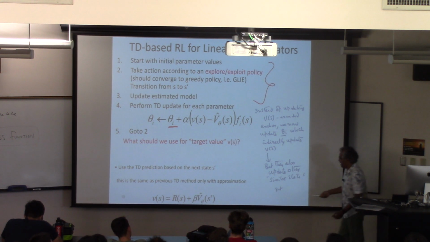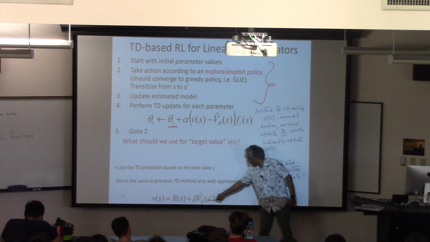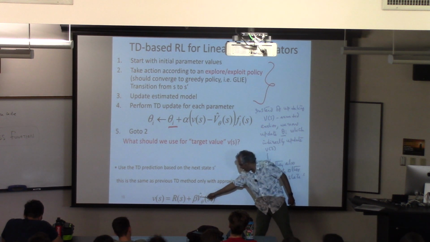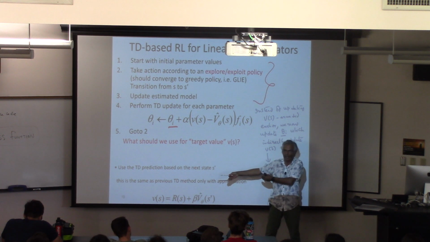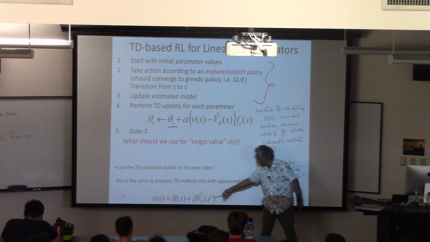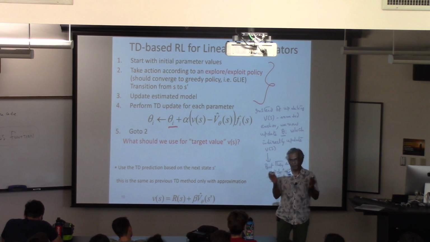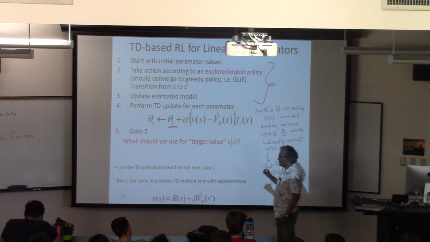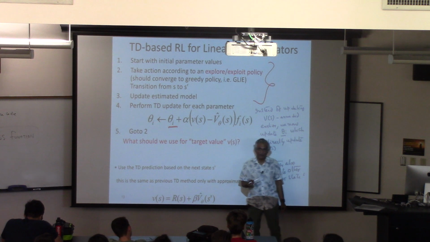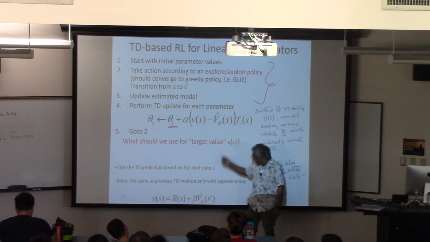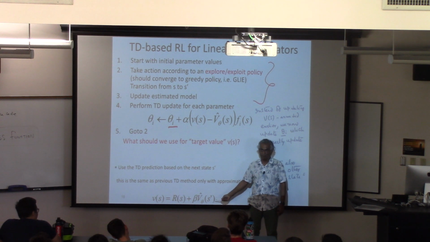Okay, so that is Vs is R of S plus beta times V theta of S dash. Beta times value of the neighbor you found, S dash. Now it turns out that the value of your neighbor is also in terms of this formula. So one somewhat deep technical point that I won't go into is actually you are changing the thetas while using the theta values.